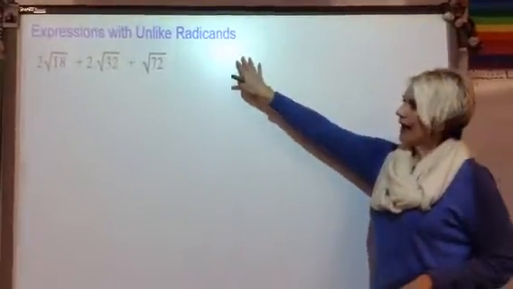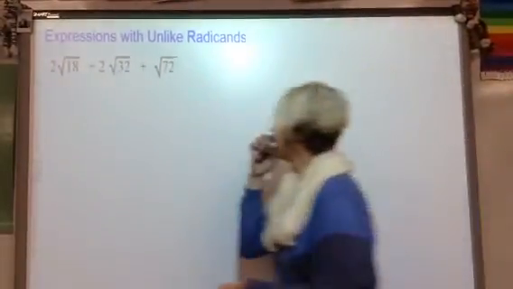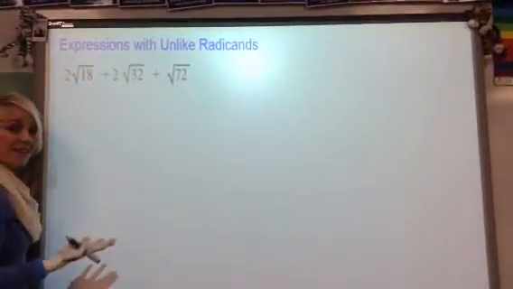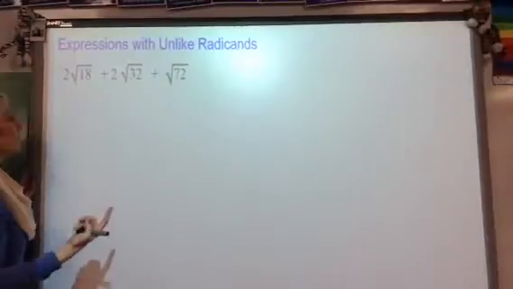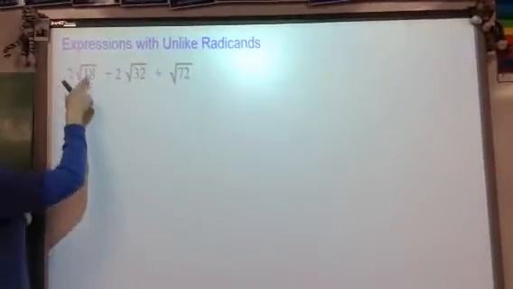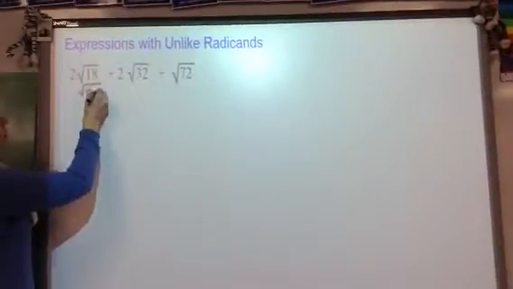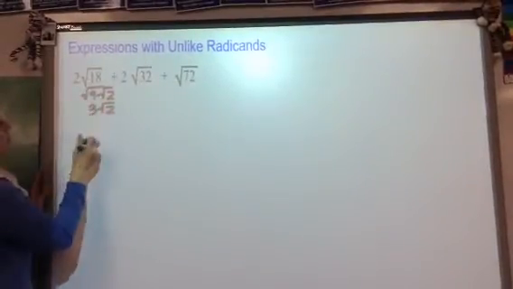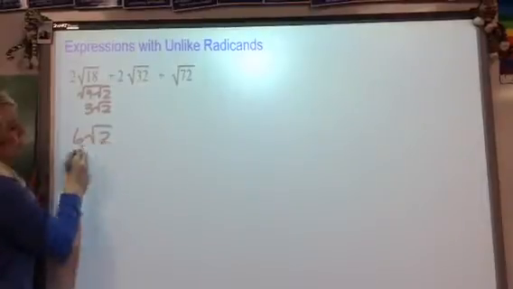Now what do we do when we have radicals that are not the same? Well, you will notice here that all of these could possibly be simplified. So we're going to simplify first. When I simplify radical 18, that's radical 9 times radical 2, so that's 3 radical 2. So 2 times 3 would be 6 radical 2.